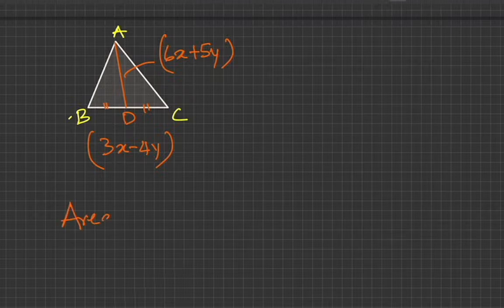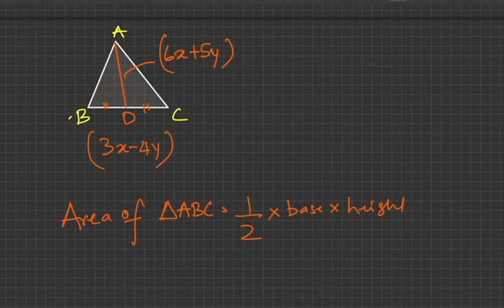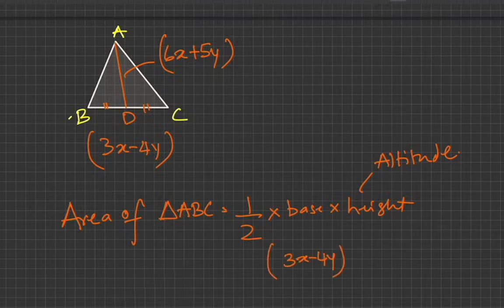So the area of a triangle ABC is equal to half times base into height, which is nothing but the altitude, right? So here we have the base 3x minus 4y times 6x plus 5y.